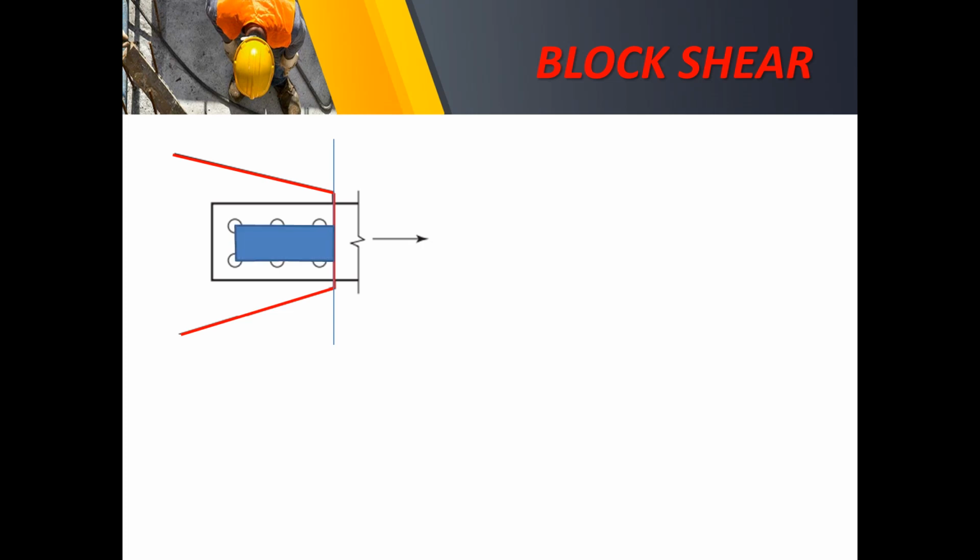So this is the block shear for the gusset plate. Block shear might also occur in your tension member. By the way, this shaded portion here, D, E, F, G, is the block shear for the gusset plate.